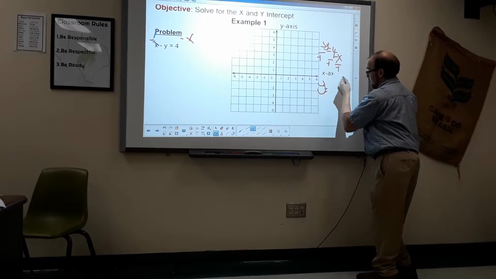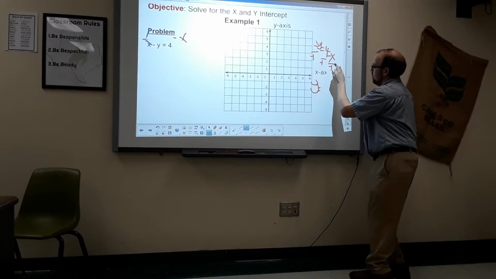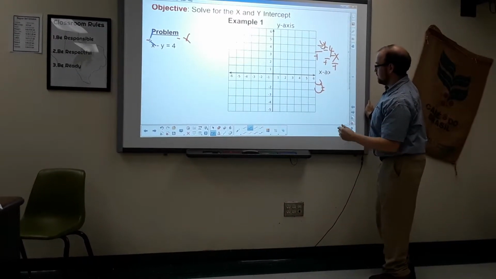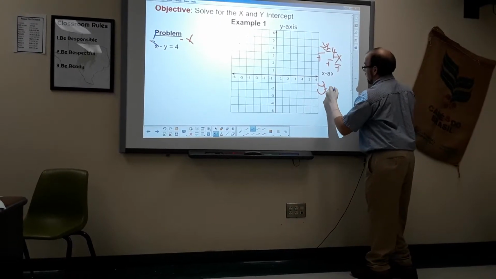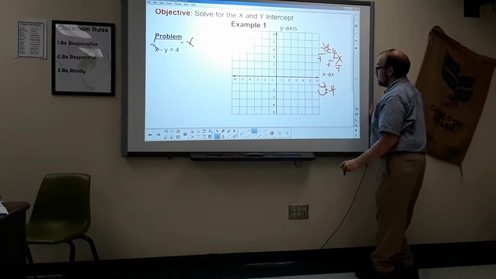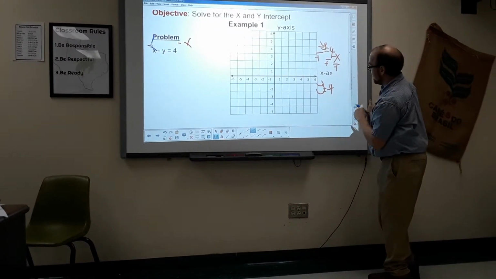So I'm left with y equals, and the sign changes to positive. Positive 4 divided by negative 1 is, if you have your calculators, negative 4. And then we have a negative x divided by negative 1.